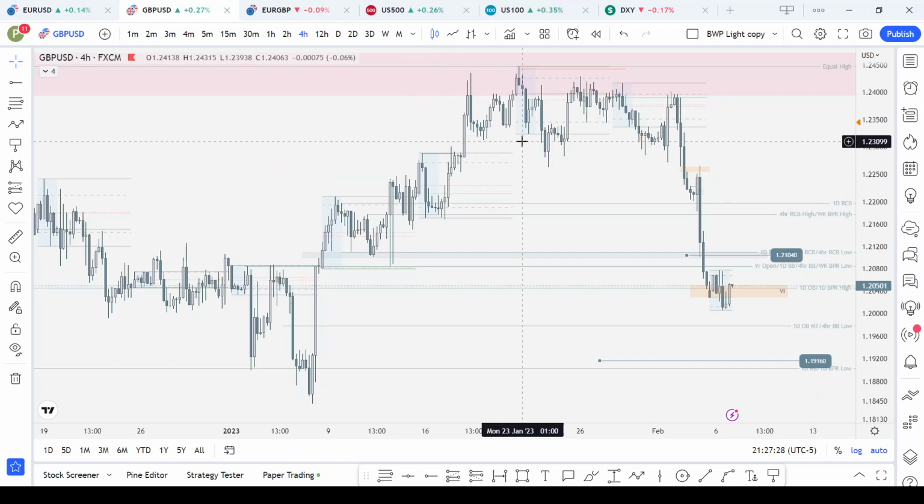Okay, so the idea is that when price closes below a TR candle, the algo will not allow it to close above it. Like we have here, close below it, came exactly from the body of the TR candle.